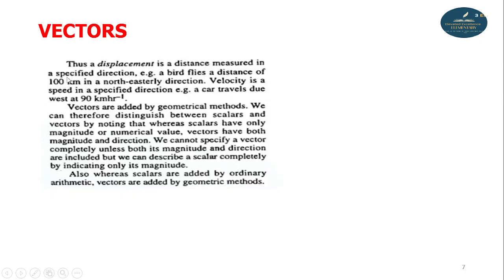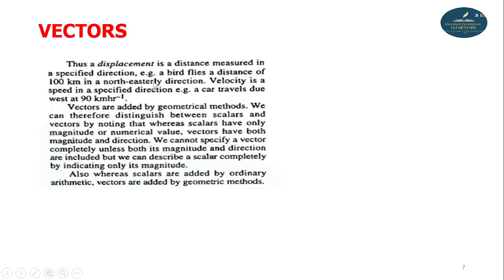Thus, a displacement is a distance measured in a specified direction. One of the differences between distance and displacement is that distance is a scalar quantity while displacement is a vector quantity. Distance does not need to be specified with a direction, but displacement needs to be specified with a direction.